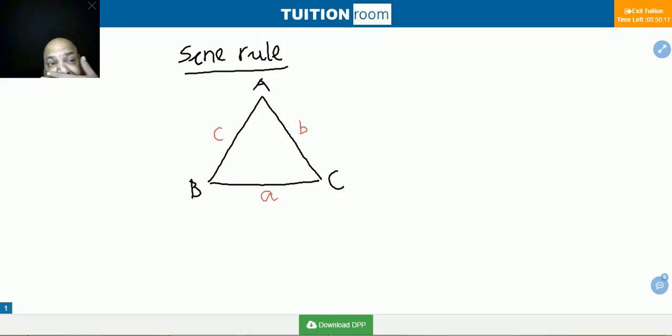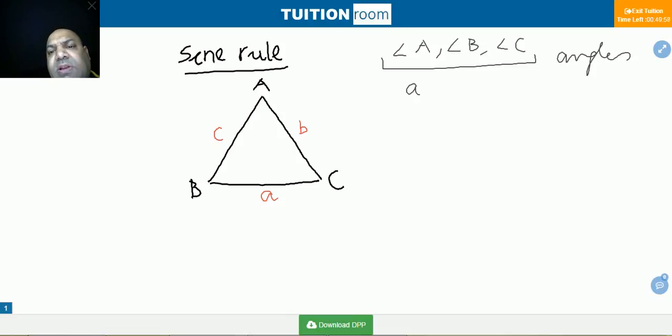These are the standard notation, in which angle A, angle B, angle C are all angles, and small a, small b, small c are all sides, lengths.